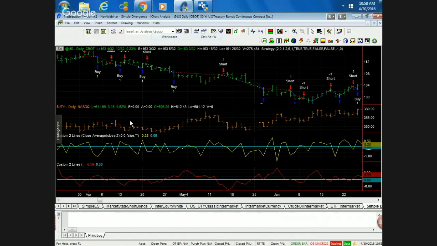For example, for certain stock sectors you want to be looking at different currency relationships. For the Dow Jones index, you want to use the dollar index, the basket of currencies, while the S&P you'd use different currency pairs, and there are certain currency pairs that work better on the S&P.